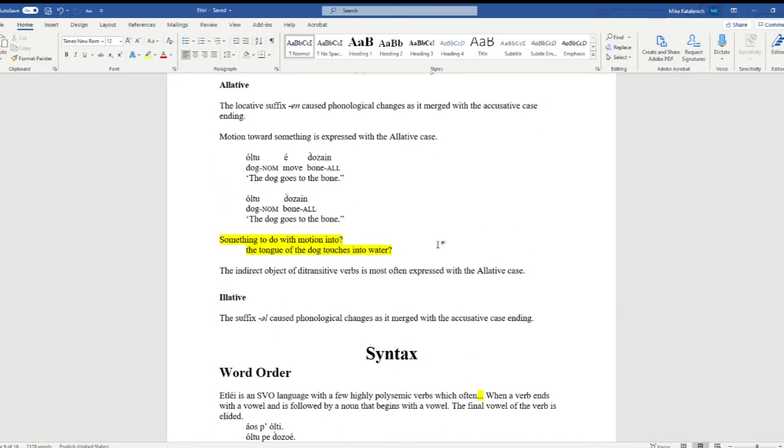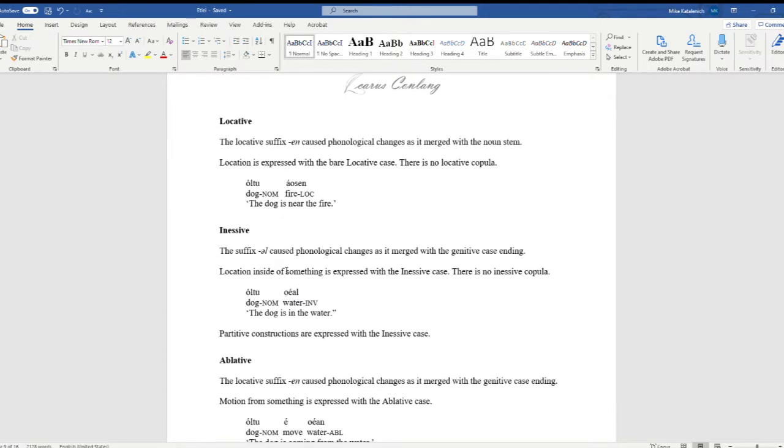But what I thought of was, when I looked at the inessive, I noticed it's this suffix that I don't use anywhere else, and it merges with the genitive case to form the inessive. But mightn't it have also gone and done other things as well in some way?